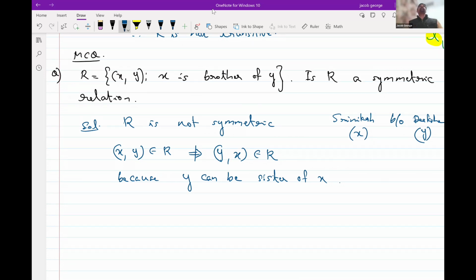R is not symmetric, because (X, Y) element of R does not imply (Y, X) element of R, because Y can be sister of X. Is that clear? Please note down.